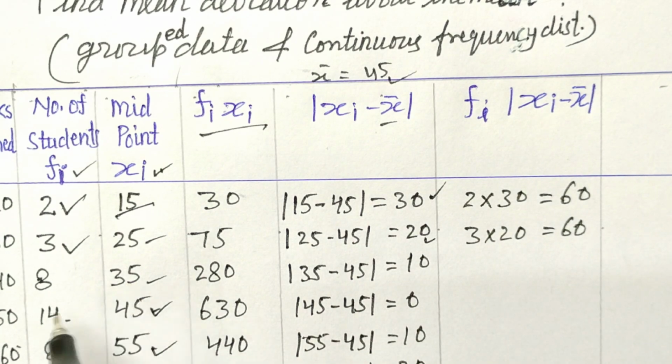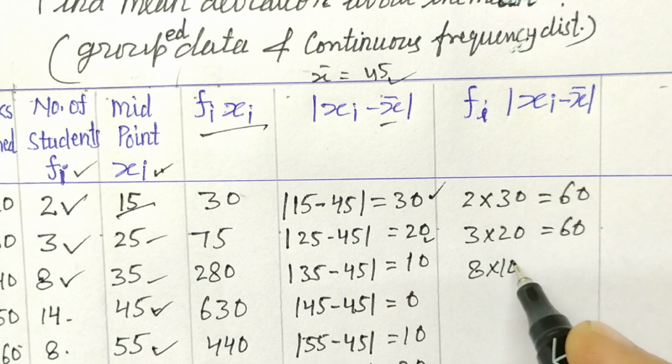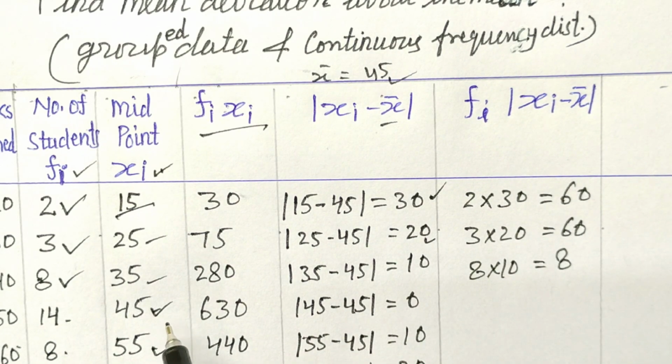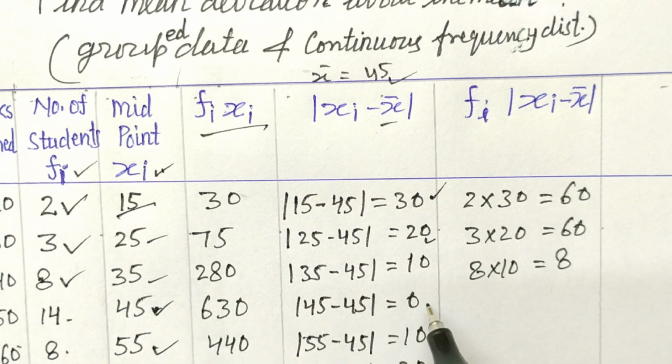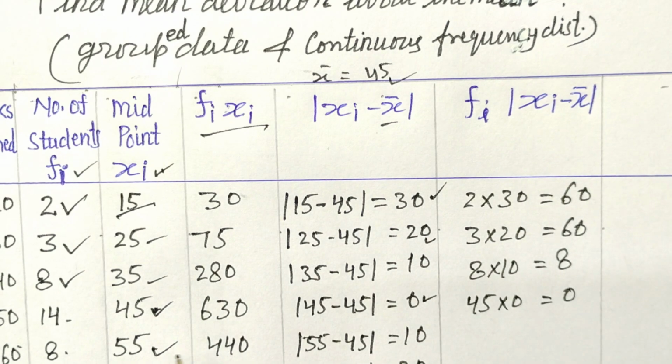Then 8 into 10 is 80. Then 14 into 0, 0.